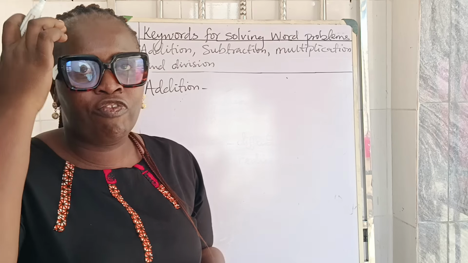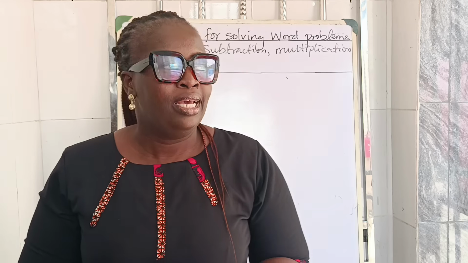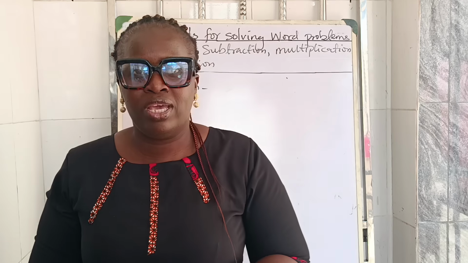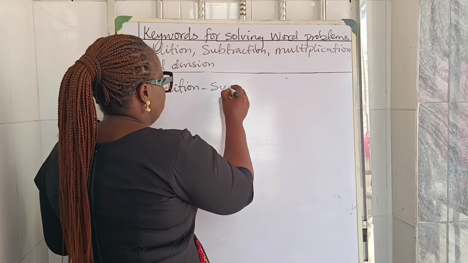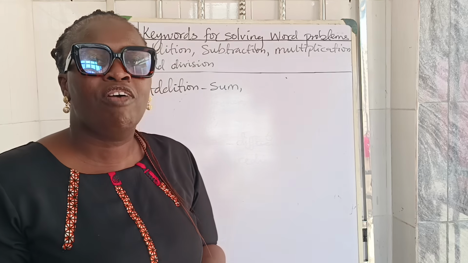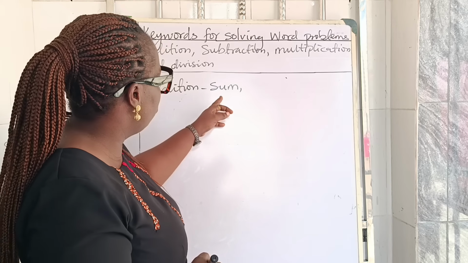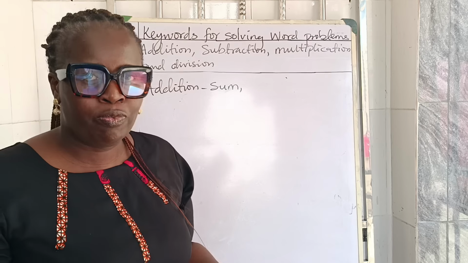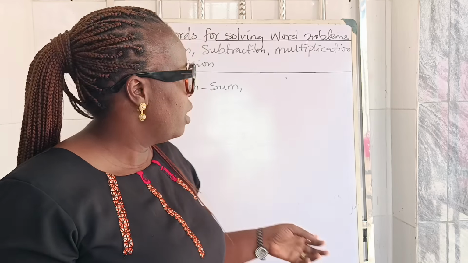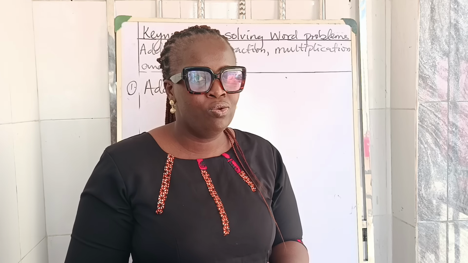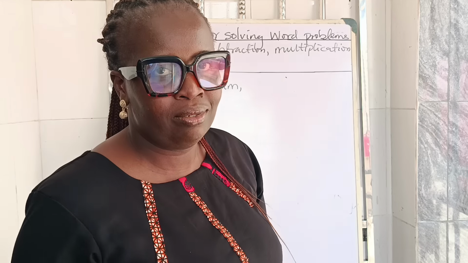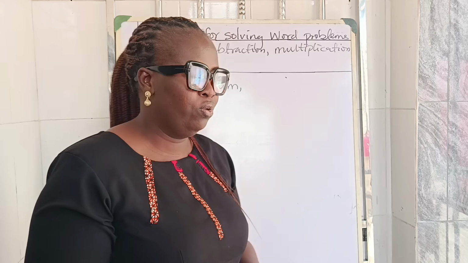In addition, the first thing you should bear in mind is that the answer we get from addition is called a sum. When you see sum in a word problem, you already know that the examiner is asking you to add.